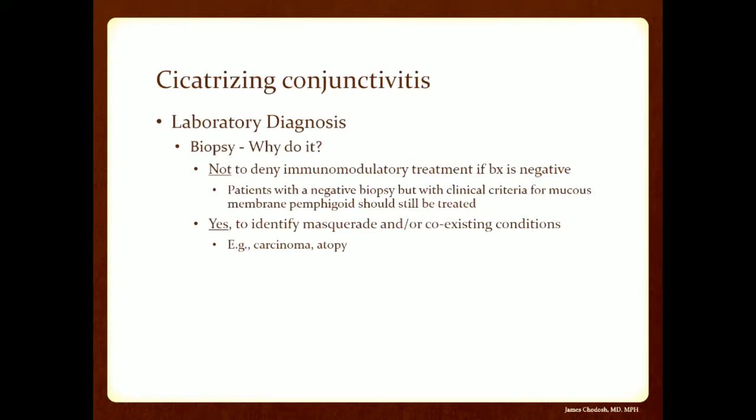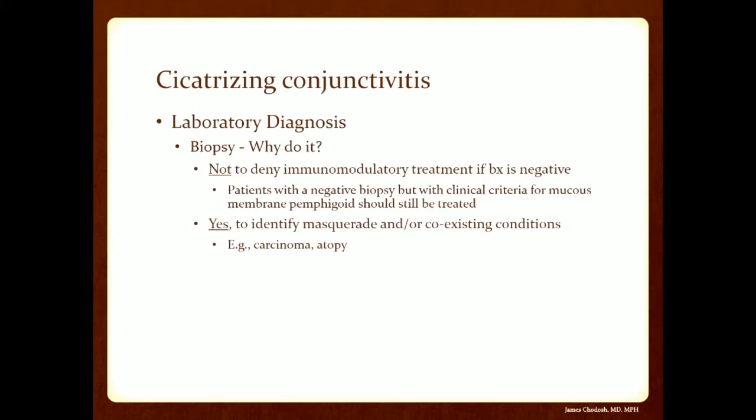That's very important. If you think it's pemphigoid and the biopsy is negative, you should still treat. But you do it to identify masquerade syndromes and coexisting conditions like atopy, ocular surface squamous neoplasia, or a masquerade of sebaceous cell carcinoma.